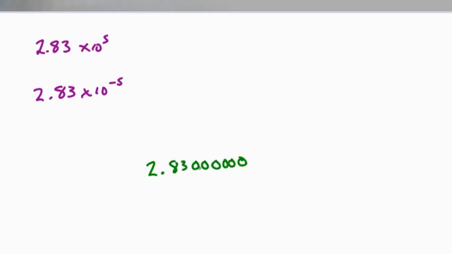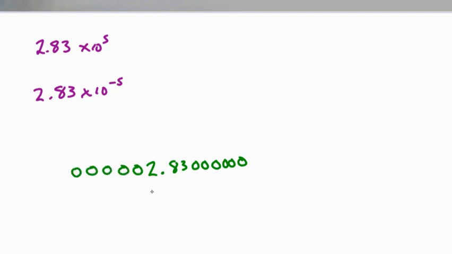Let's say we have 2.83 times 10 to the 5th, and let's do 2.83 times 10 to the -5th. Remember, the negative is a very small number. Just as a little thing, I've got 2.83, and I could have a whole bunch of zeros. That hasn't changed my number.